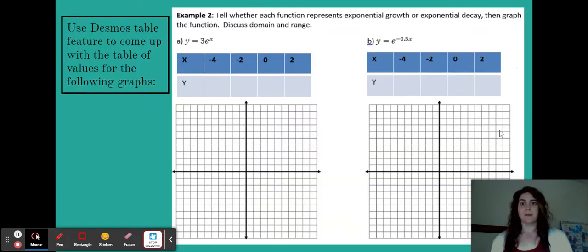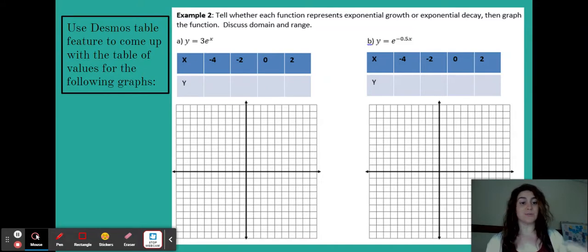Okay. And we'll go through and graph these. We're going to use Desmos. You're going to use your graphing function, the table function in Desmos to fill in those tables. You plot the points. Just remember your domain and range. Domain will be always all real numbers because I can plug any x value I want, and I'm going to get a value for the y. And for the most part, remember, we only talk about the range.